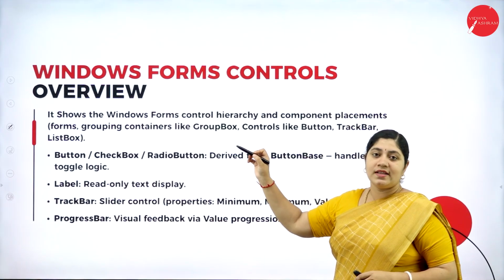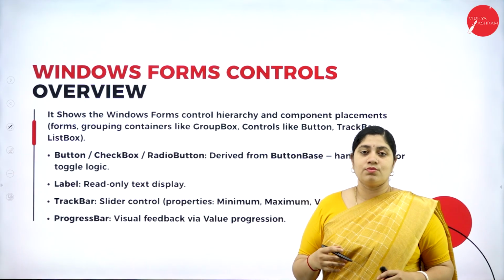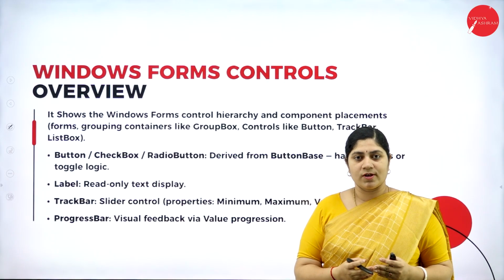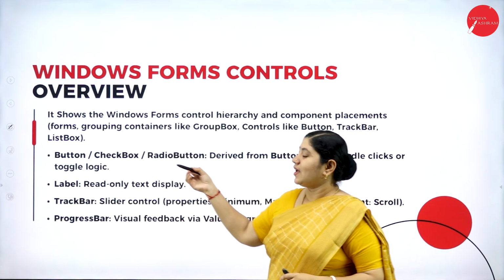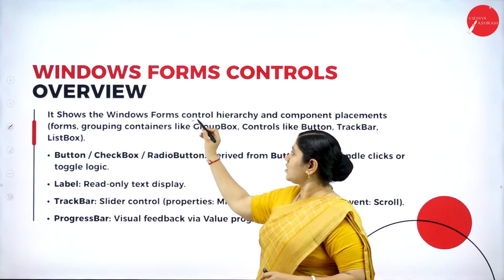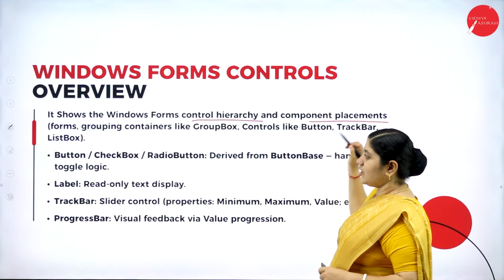Up next, let's understand the Windows Forms control overview. The forms have to be controlled, correct? How is that control possible? It shows the Windows Forms control hierarchy and the component placements.